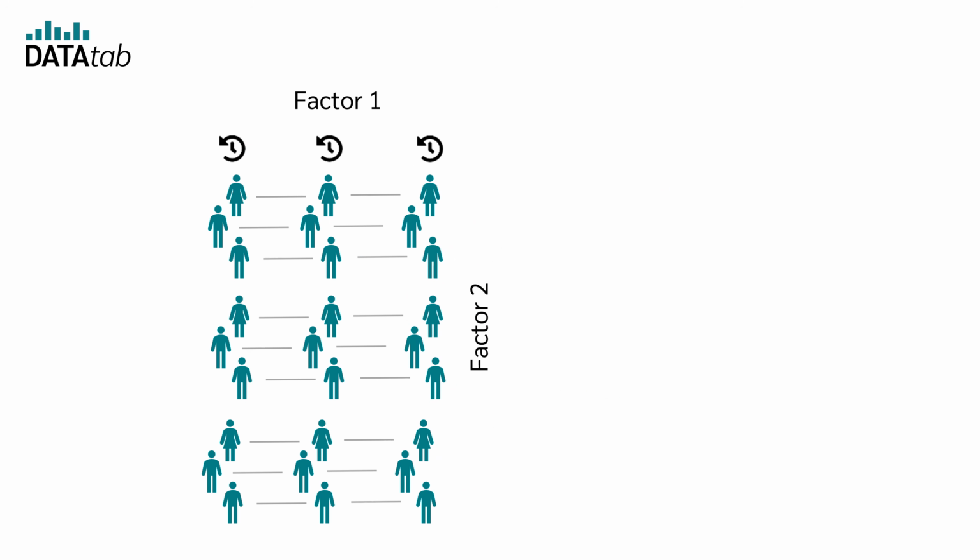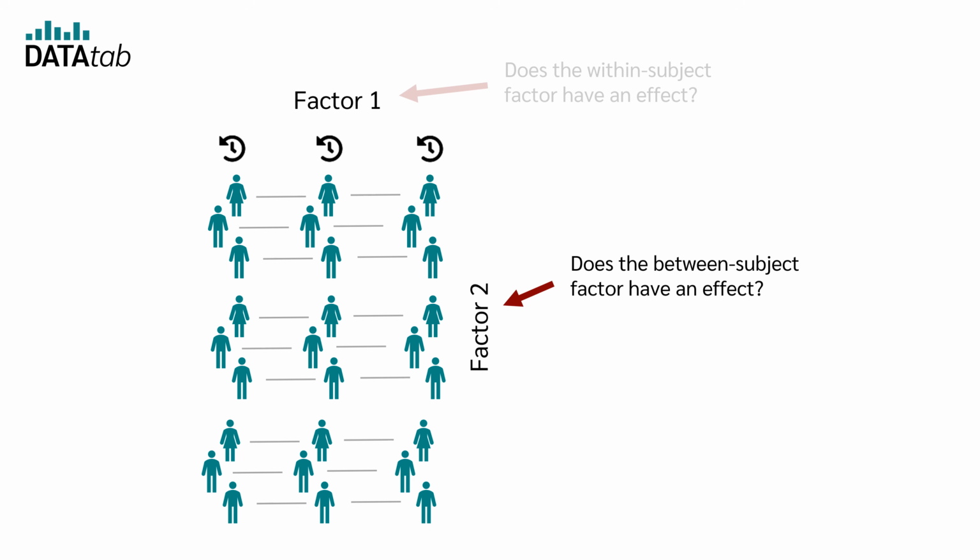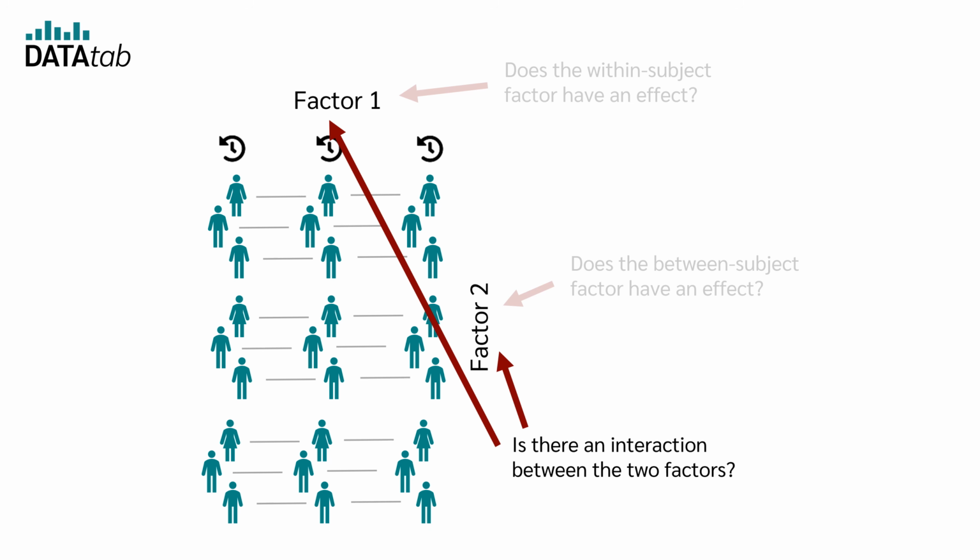With the help of a mixed model ANOVA, you can now answer 3 things. First, whether the within subject factor has an effect on a dependent variable. Second, whether the between subject factor has an effect on a dependent variable. And third, whether there is a so-called interaction effect between the 2 factors.